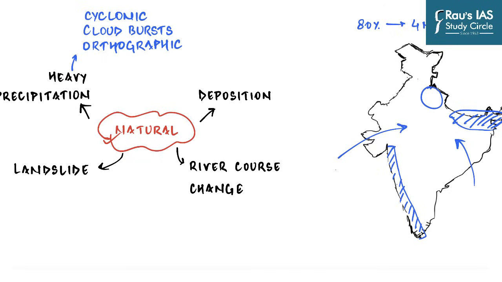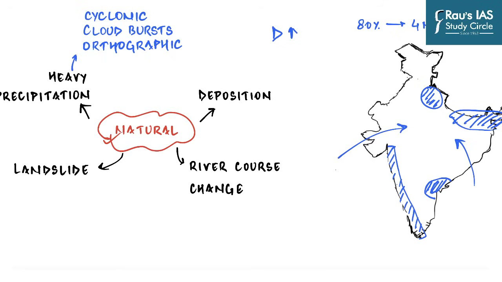And so what it essentially does is that it increases the discharge of the river very rapidly, and since the volume of the river channel is not increasing, it's not sufficient to hold that water and it causes flood. So all those regions shaded with blue color face the problem of flood because of heavy precipitation.